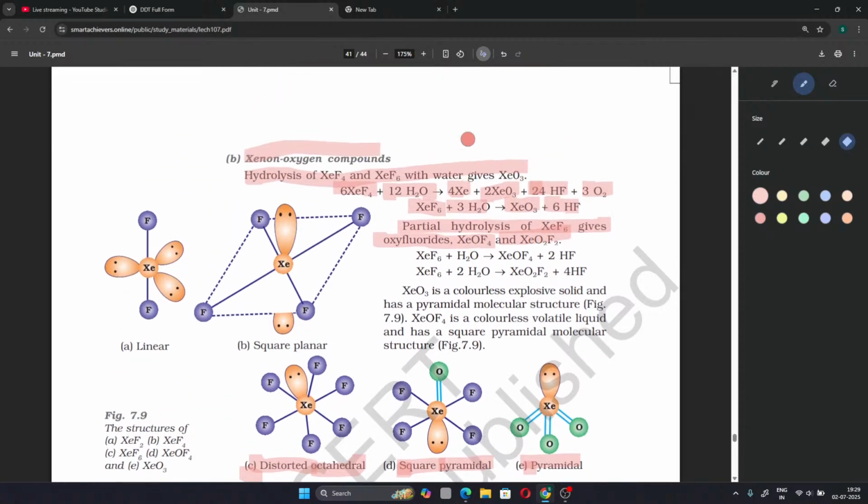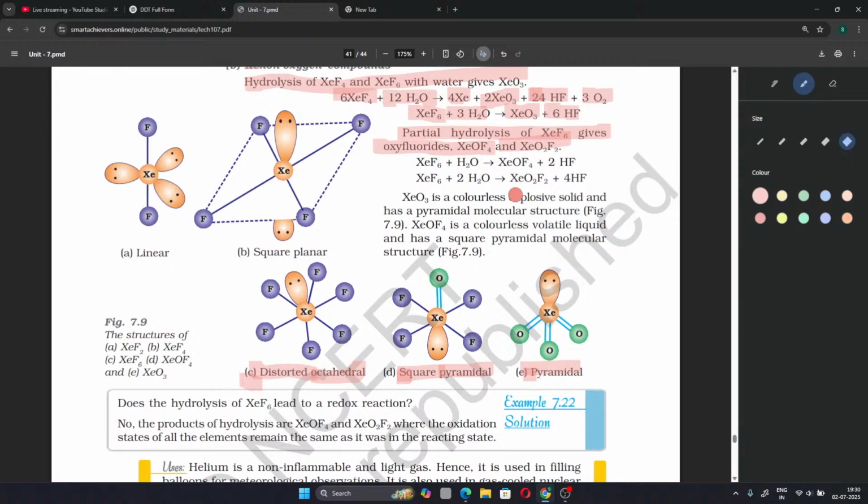Complete hydrolysis gives complete xenon oxygen compounds, but when partial hydrolysis takes place, we get xenon, oxygen and fluorine compounds, oxyfluoride compounds. XeF6 plus H2O gives XeOF4, XeF6 plus 2H2O gives XeO2F2 plus 4HF.